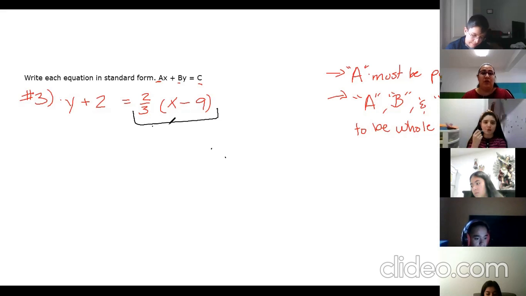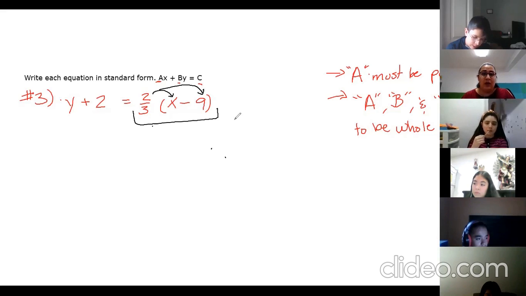How do I solve this? Mario? Maybe it would be 2/3 of x minus 6. Exactly, and that is called distributing.